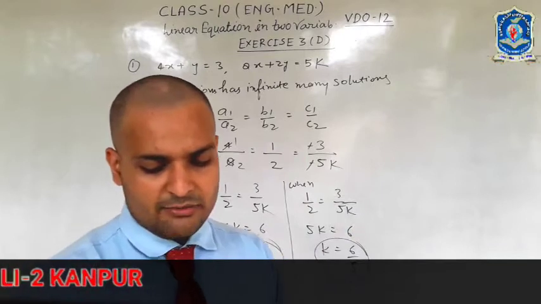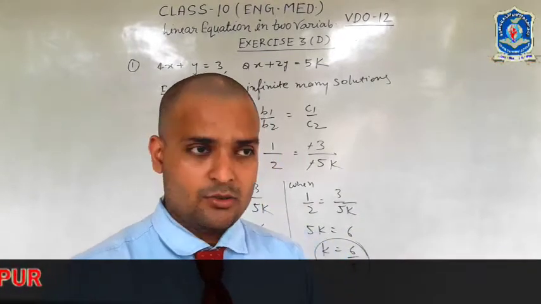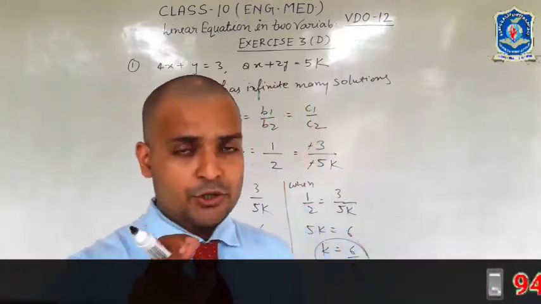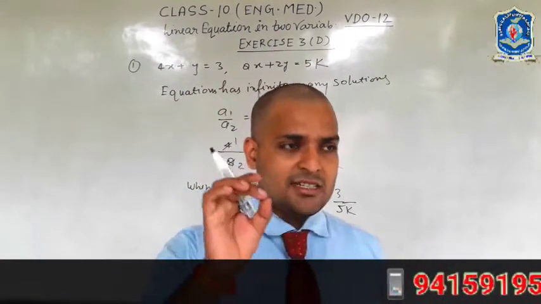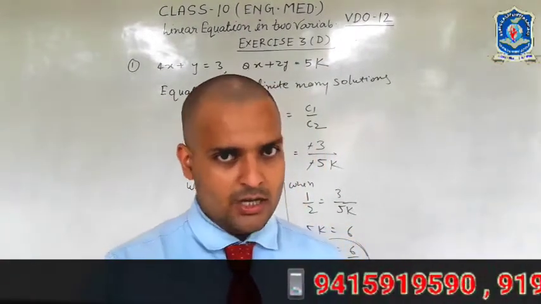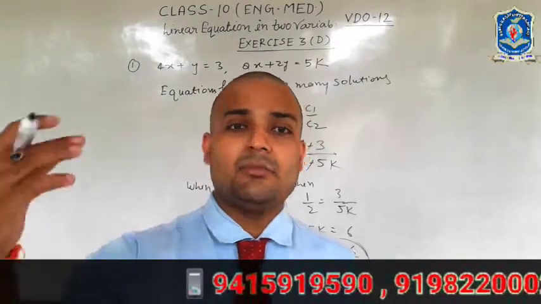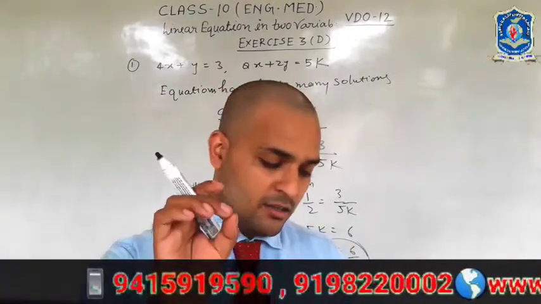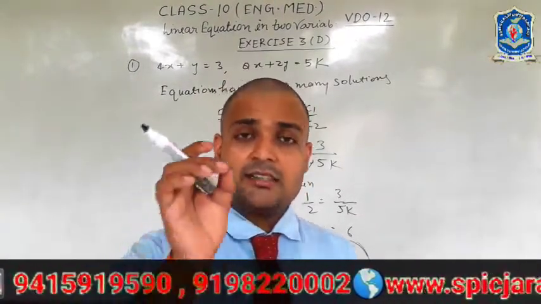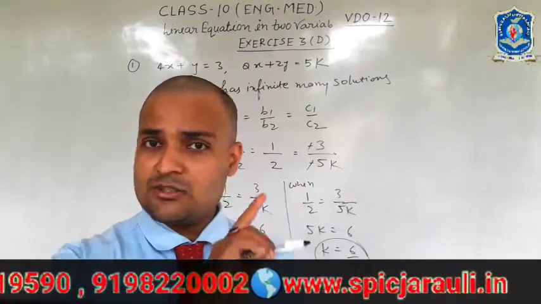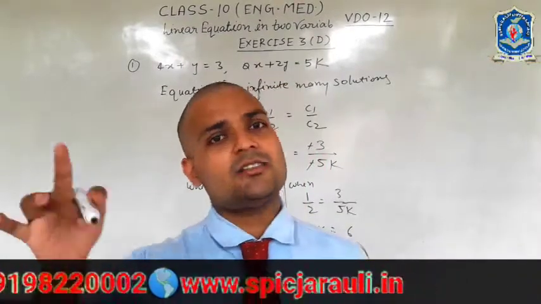When is a system of linear equations said to be consistent? I have told you, consistent. The equations which have a unique solution or infinite many solutions are consistent, and the one condition which has no solution is inconsistent.